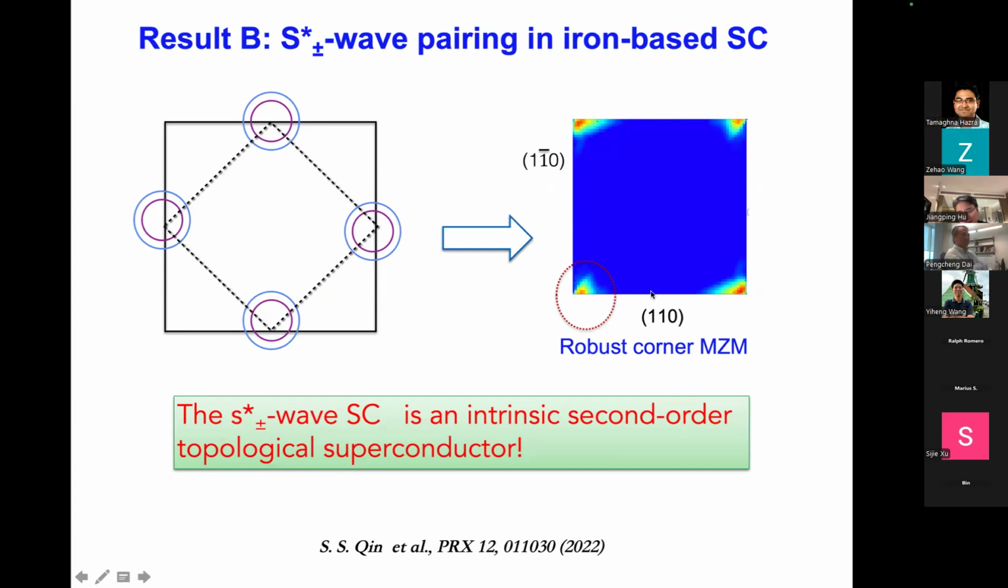This is the picture, the simulation for the real models. But I forgot the lattice size here. I can go back and check how big the zero modes are.